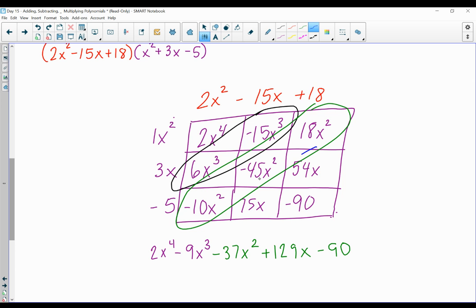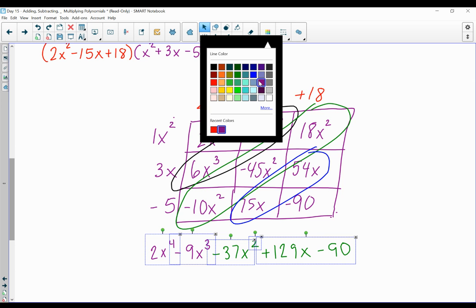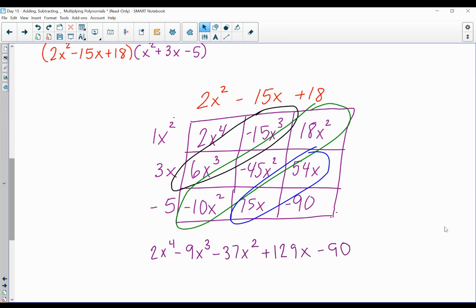So my 129 came from this diagonal. Okay, so that is our final answer of f of x times g of x times h of x. And it's a lot, okay?